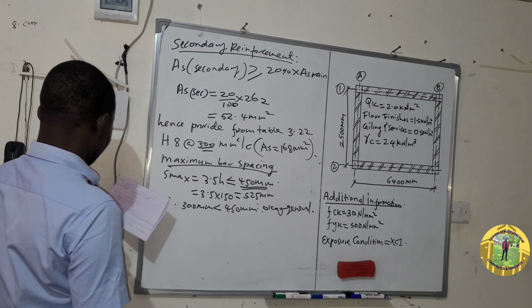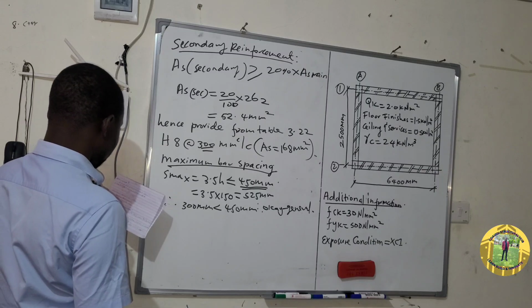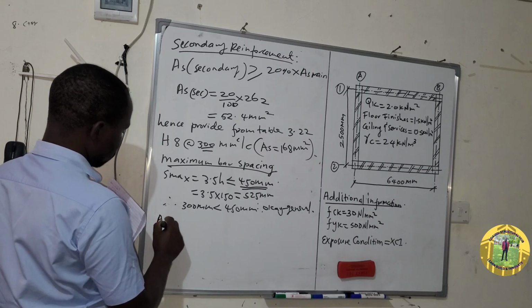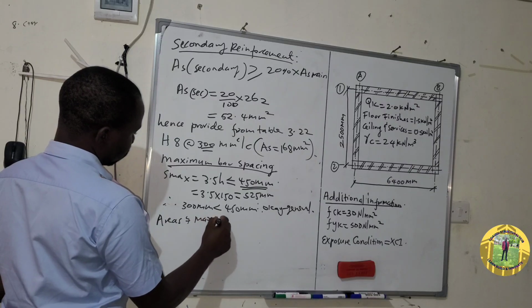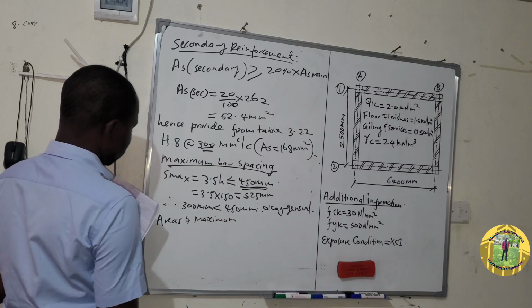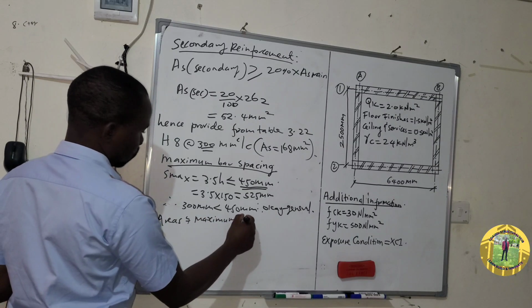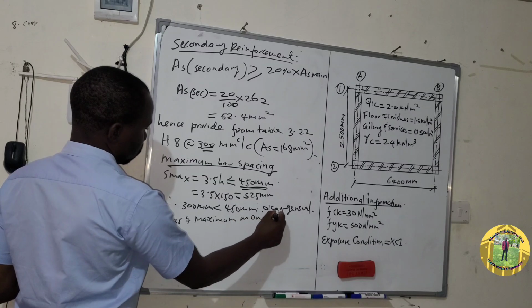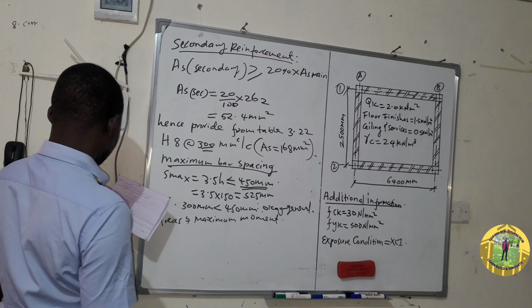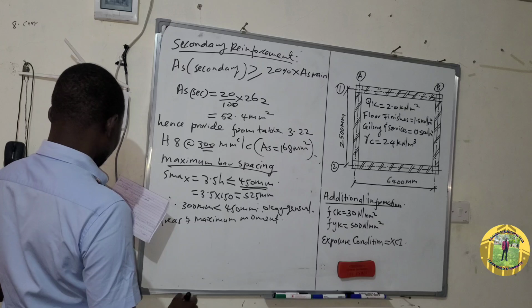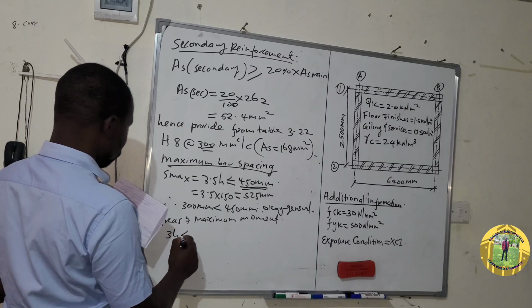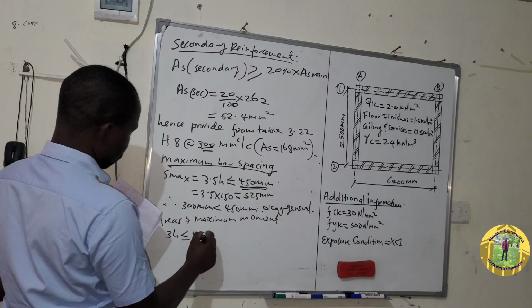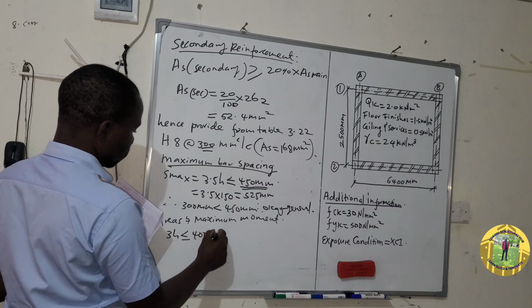And then for the areas of maximum moment, where bending moment is high, 3H must be less or equal to 400 millimeter.